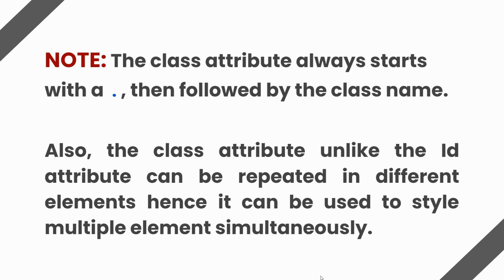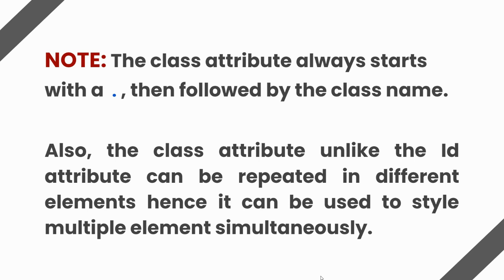But unlike the class attributes, if you are to still take those paragraph tags, the four of them, and you are to style them with the class attributes, you could actually just declare the class attribute with the value in one of those tags, and then you can copy it in each of those other p tags, you know. And by doing so, you can actually style all of them together via the class name, because the class name appears in each of those tags.